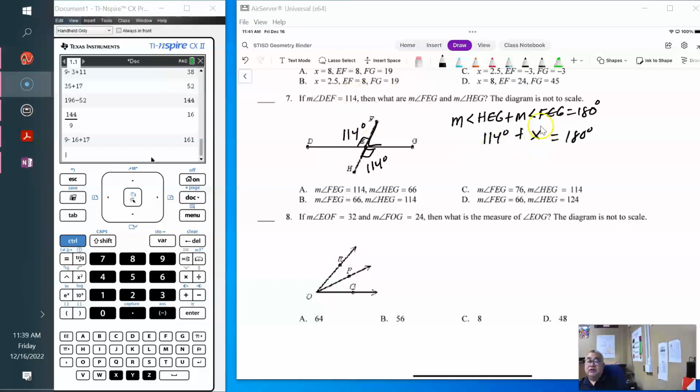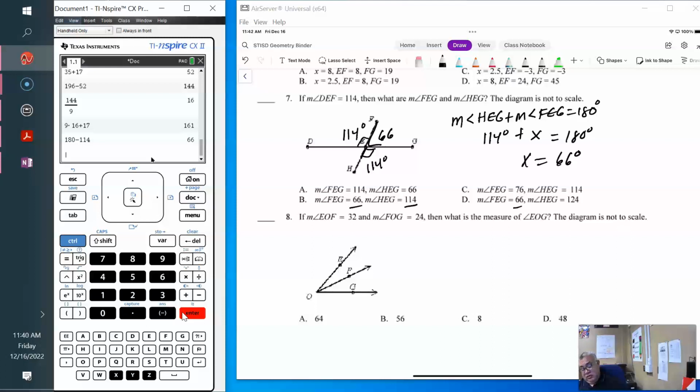So to find the measurement of angle FEG, which is right here, we're going to have to subtract these two angles. So you have 180 minus 114, which is 66. So the measurement of angle FEG is 66, and the measurement of angle HEG is 114. So your answer is B.